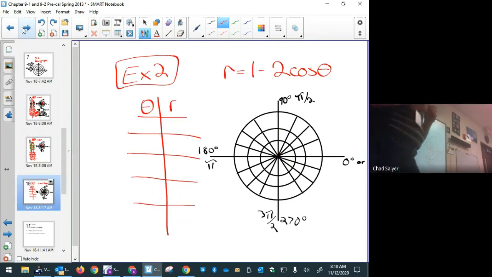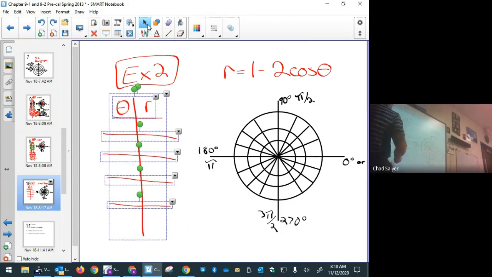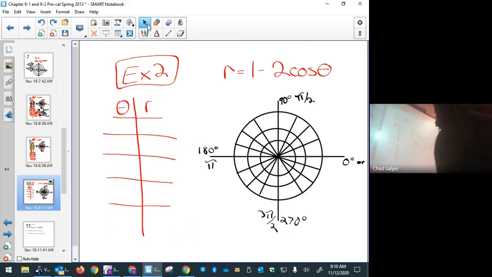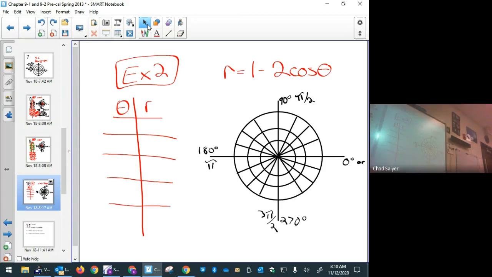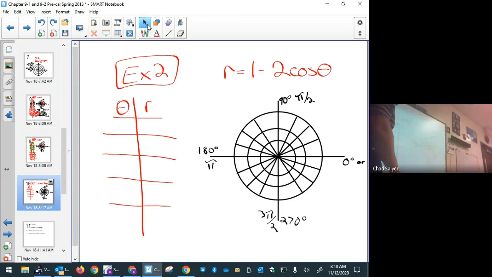So a little more complicated now. Let's do one that has a more complicated expression: r equals 1 minus 2 cosine theta. And notice I've got 3 circles here because there's a little bit of difference to this shape that would make it challenging to do with a small graph.